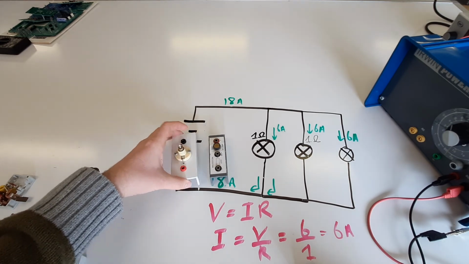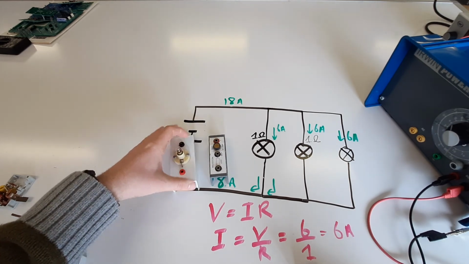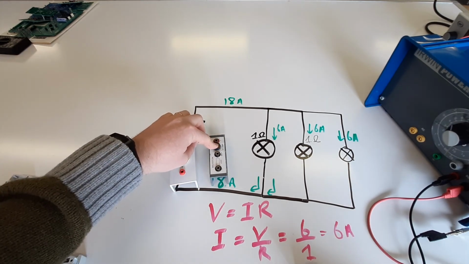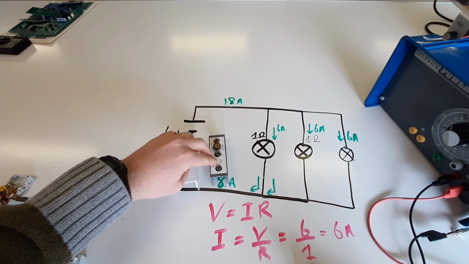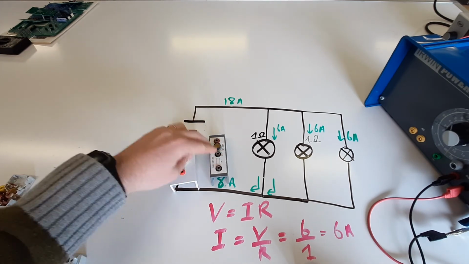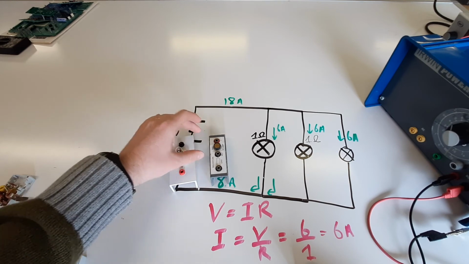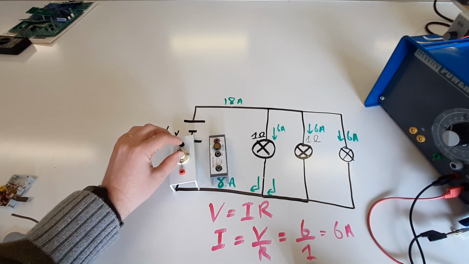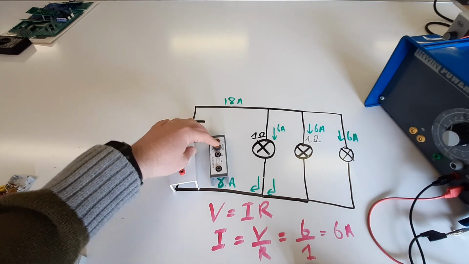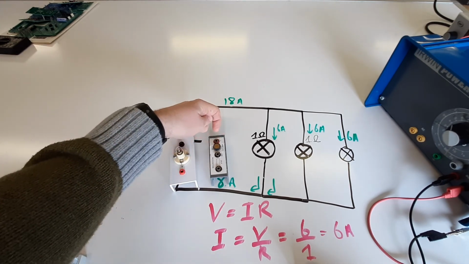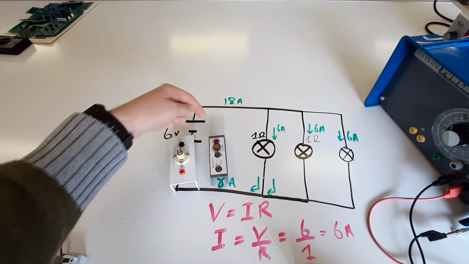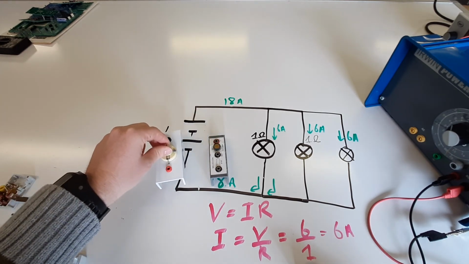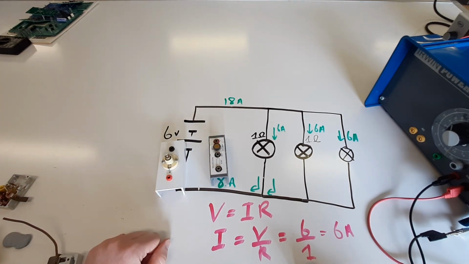Now the resistance of this light bulb is much lower compared to the resistance of the LDR and also the other resistor. And that meant even though the voltage was the same across each thing, the light bulb and also the LDR, most of the current was actually flowing through this thing here. We weren't actually getting much current going through this one. And that was a big problem with it.